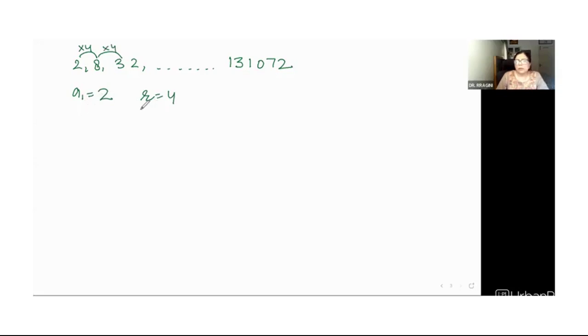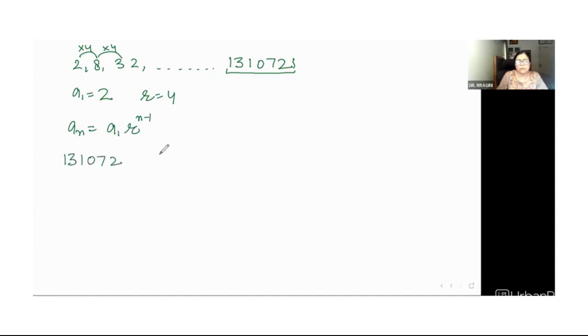Now we have A1 and R. We have to find at which place this term will come in this sequence, like whether it is the 25th term or 12th term or 8th term. You have to find the number of the term for this value, right? So An is what? An is A1 times R to the power n minus 1. You put this value here, 131072.